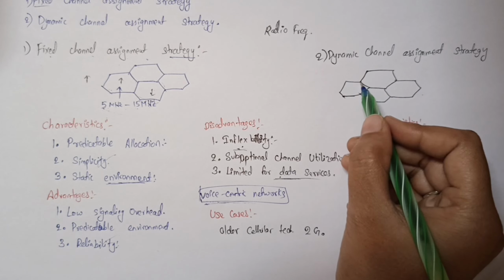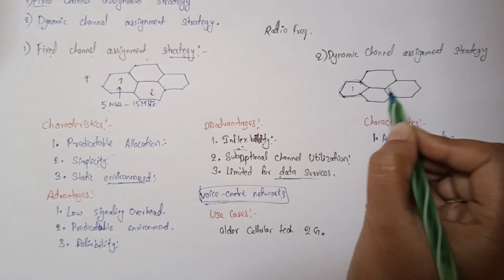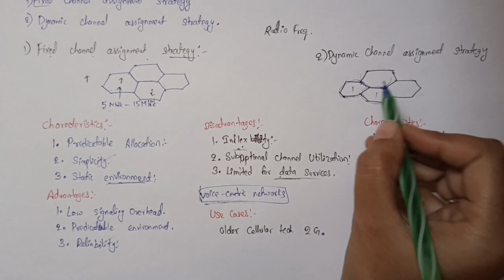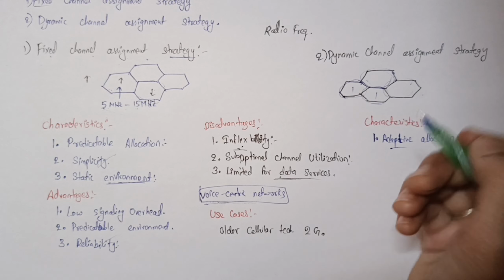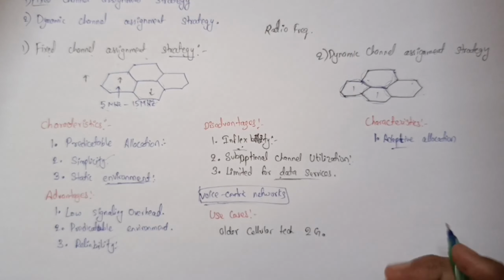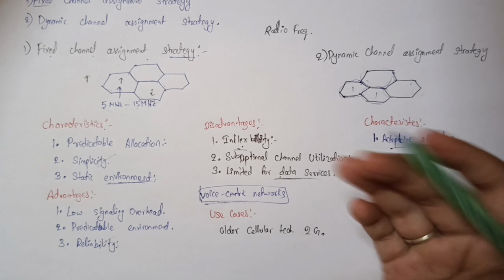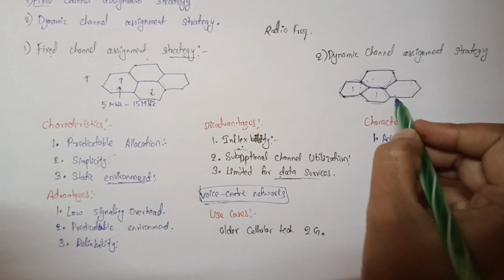Traffic load means the number of people using the services in this cell, and the number of people using services in this cell. Similarly, all other cells in the cluster. According to the traffic load, the channel assignment is managed, and care is also taken that interference should not occur. It may be adjacent channel interference or co-channel interference.